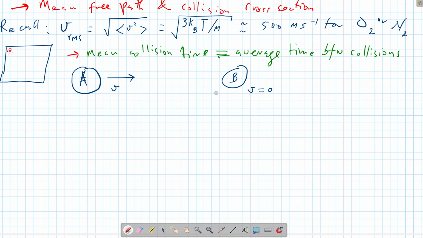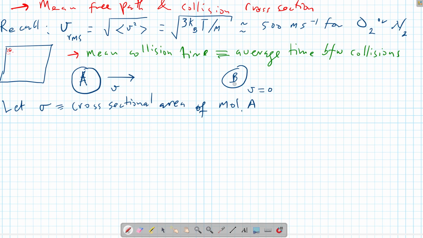And the cross-sectional area, so let sigma be the cross-sectional area of molecule A. Okay? The cross-sectional area of molecule A is important.